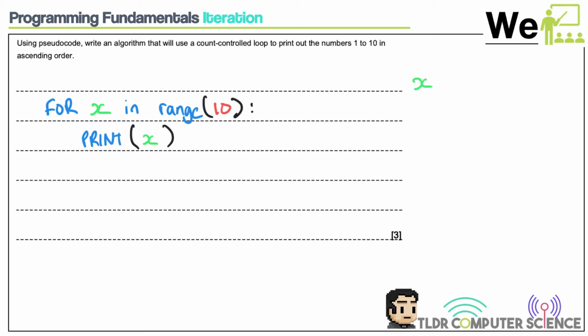Let's say we've got x and then we're doing a sort of trace table of what the values are going to be. First time around it's going to be 0, 1, 2, 3, 4, 5, 6, 7, 8, 9. So it will do it 10 times. However, it will do it 10 times from the value 0. So this would print 0 to 9, not 1 to 10.